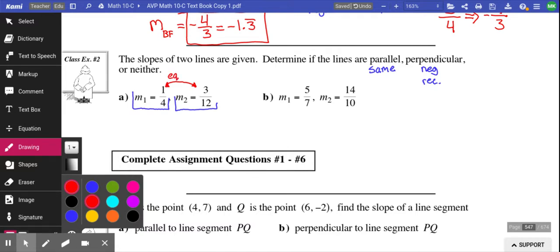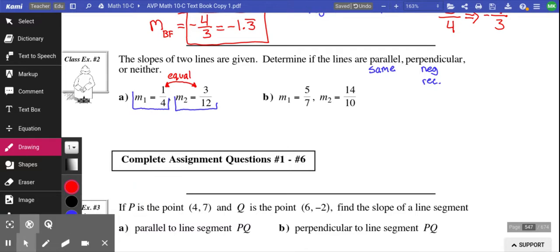They might be equivalent or equal. The best way to check if they're equal is to either calculate them as a decimal or write them in lowest terms. If we were to change both of these into decimals, 1 divided by 4 in your calculator is 0.25. 3 over 12 in your calculator is also 0.25.